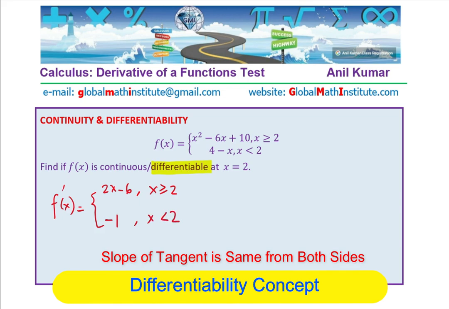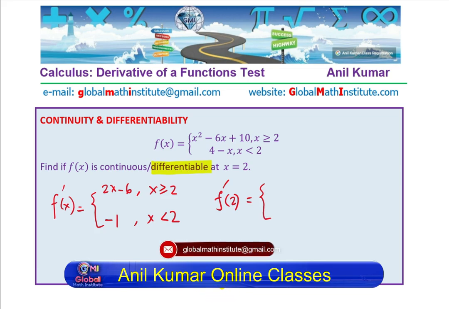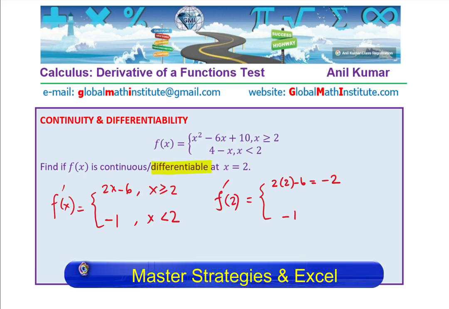Perfect. So what is the derivative of this when you are approaching 2 from the left side and the right side? Let's substitute the value. We get 2 times 2 minus 6, which equals 4 minus 6, or minus 2. And on the other side, we know it is minus 1.